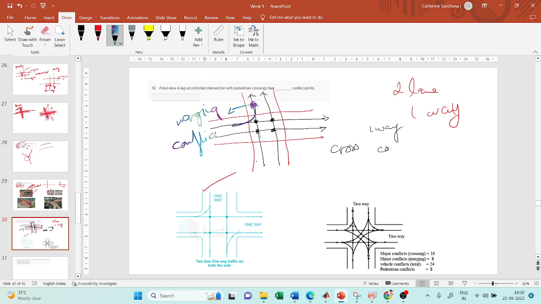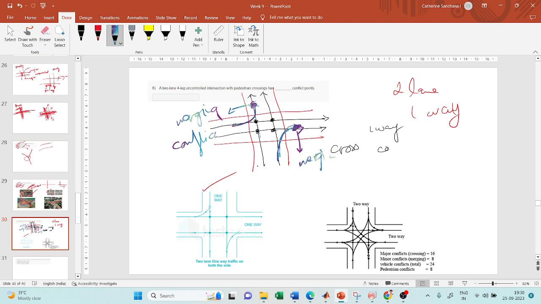Similarly, you cannot go from this direction to this direction, right? Because it is only one way. So you can go from here to here. If you want a vehicle on this road to change the direction to this road, it will merge here, so you will have one more merging point here.